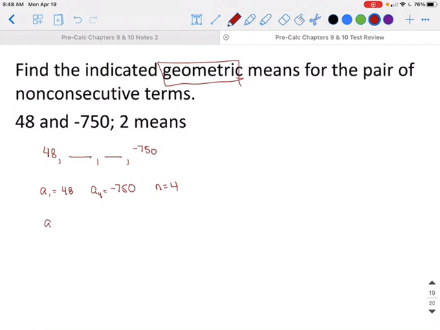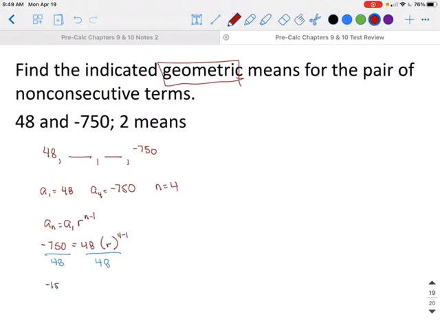Now, we have our equation. So our a sub n term is negative 750. We know our first term is 48. We do not know what the r value is, but we do know we're raising it to the 4 minus 1 power. We can divide both sides by 48 to start.